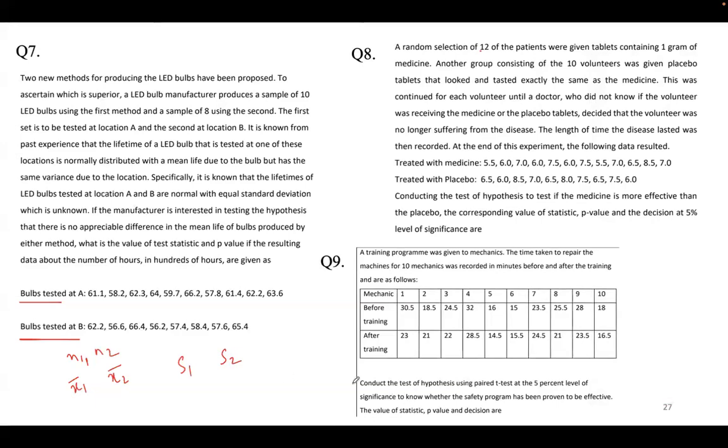That's it, right? So it would fall under that case of two samples without known variance. But now you need to be careful whether it's a paired data set or an independent data set.